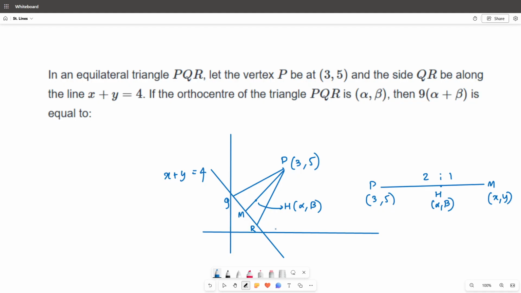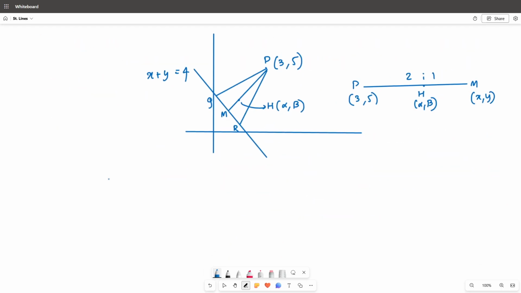We know the foot of perpendicular formula, that is x minus x1 by a is equal to y minus y1 by b is equal to minus of a into x1 plus b into y1 plus c by a square plus b square. So we know this formula, and now let's substitute the values.